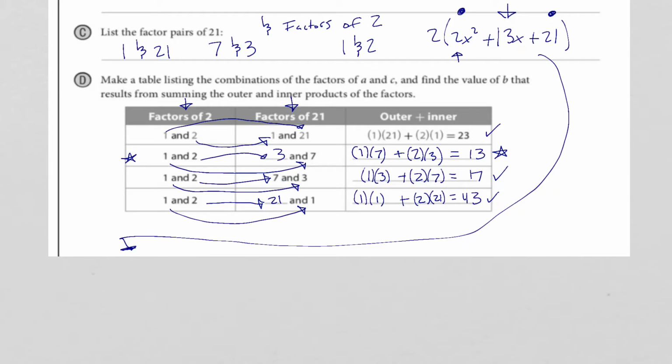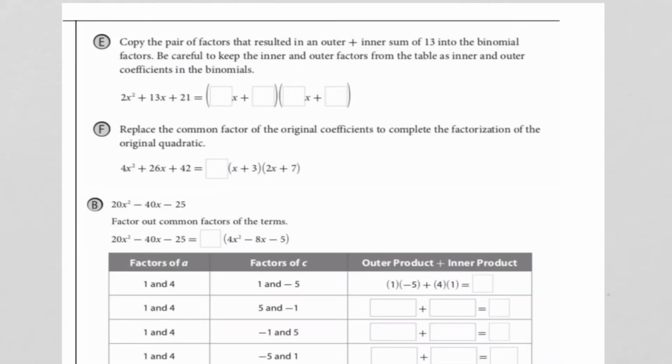On the next page, we're going to break down this 2x squared plus 13x plus 21. So here it is. We determined that the factors of 2 that worked were 1 and 2.